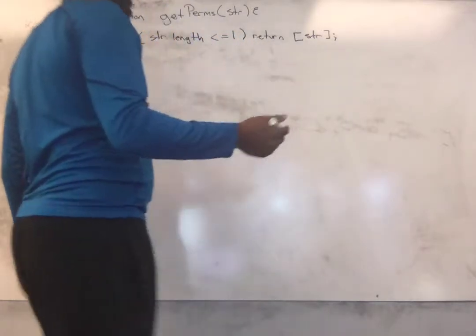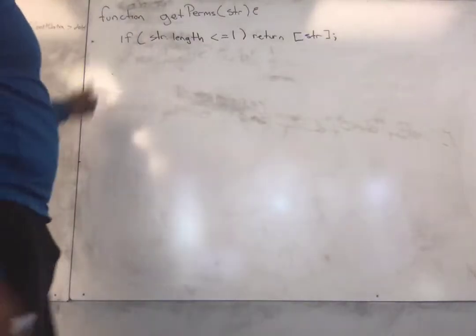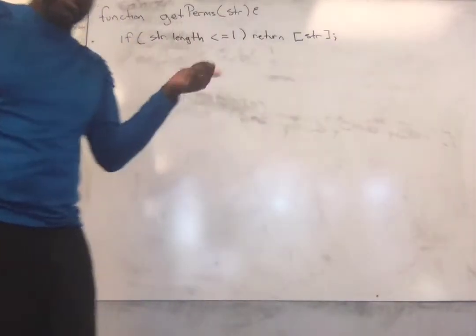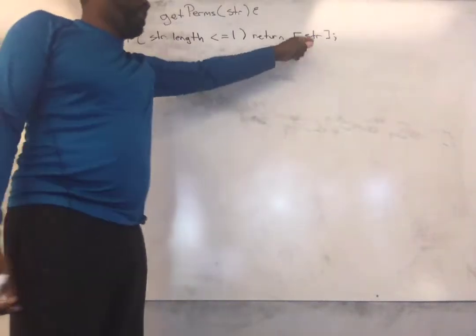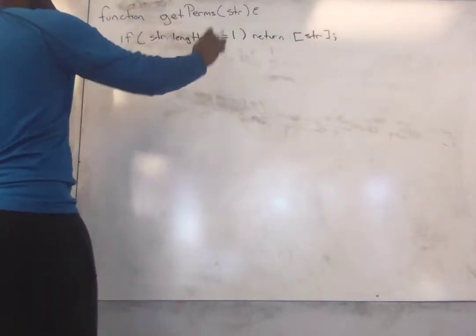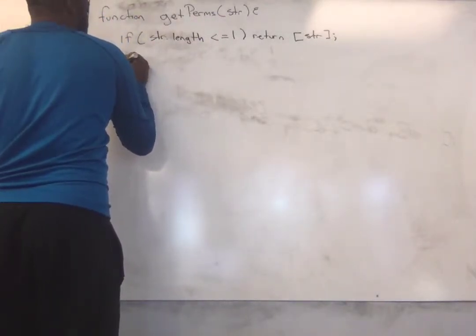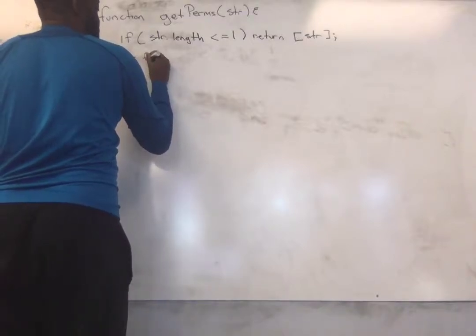But now if they pass one character, it will return to them, hey, here's the permutation of that one string. But if we've made other function calls, it will return back to the function that called it and start building. We can start manipulating that string. So if that's not the case, what we're going to do is var first.